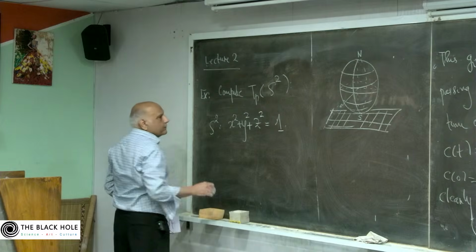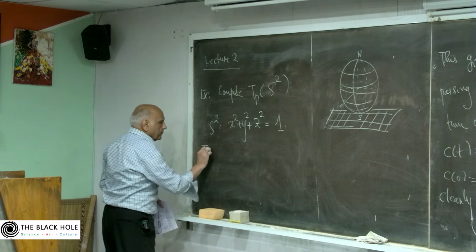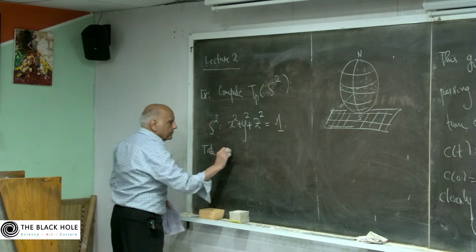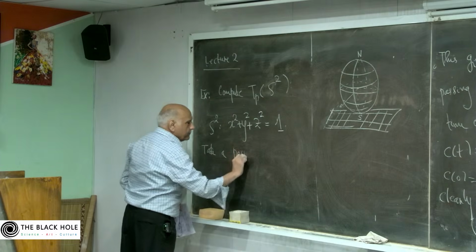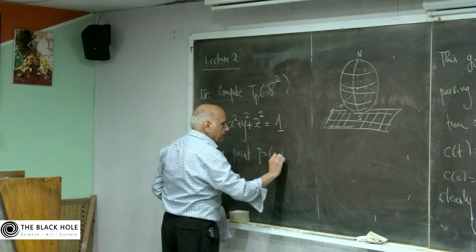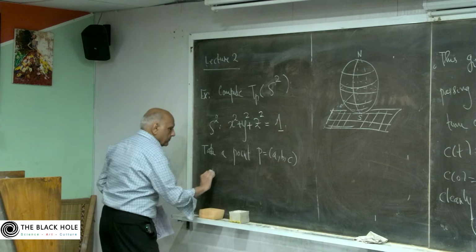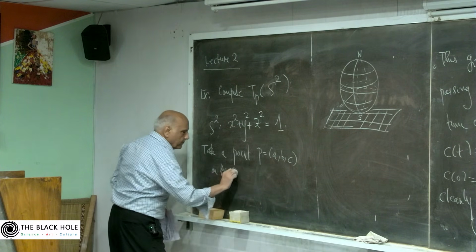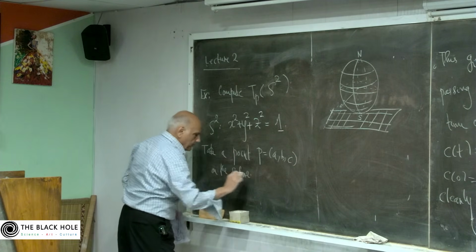So take a point P equal to (a, b, c) on the sphere. Okay.